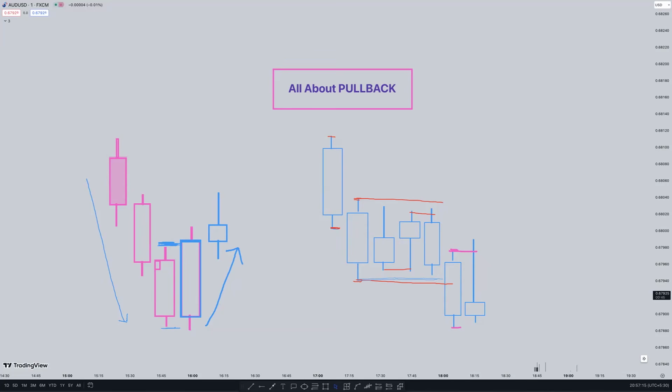What is the pullback rule, and why is the pullback important for trade? Because these types of questions you will get answered on day 3 especially. Once you understand the pullback, because the identification of the pullback is important for marking the structure and marking the points. That's why we are focusing on it.